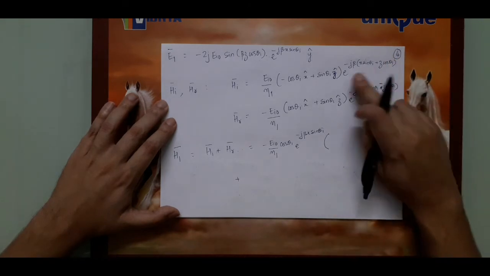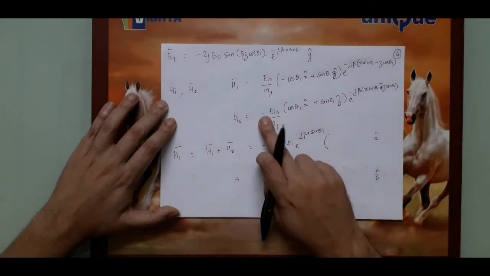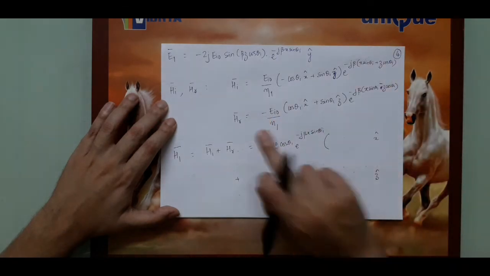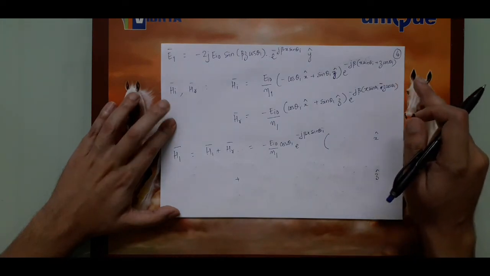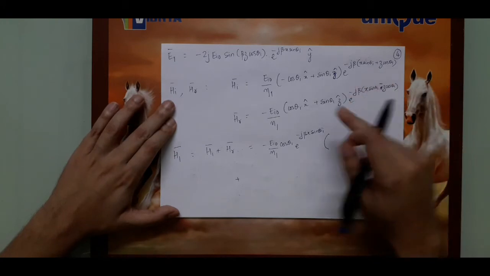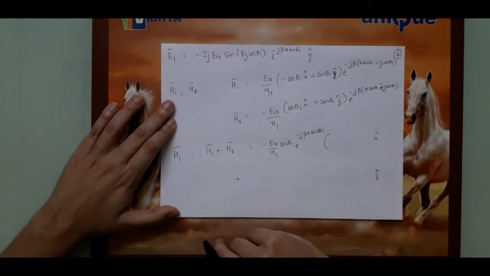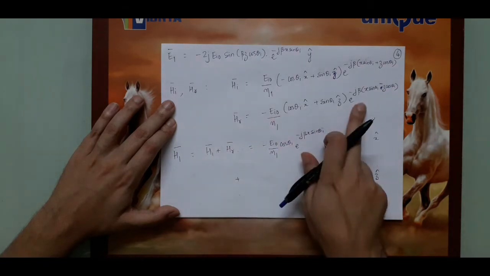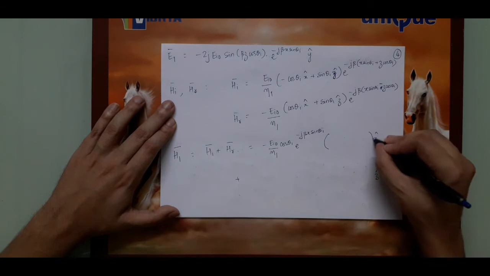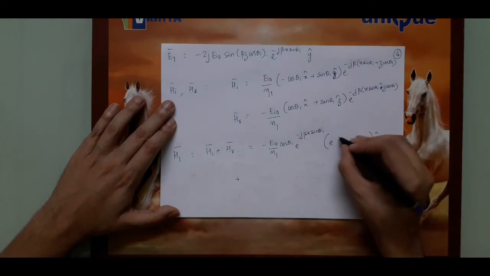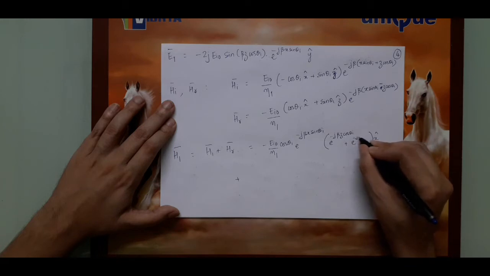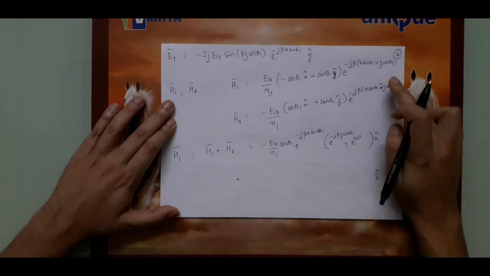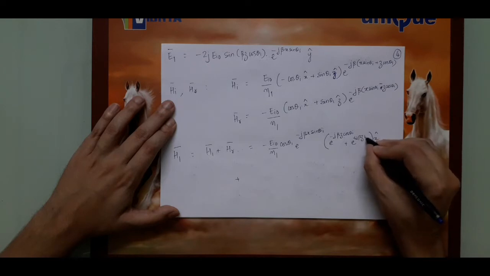So here we have e raised to plus jz, here we have minus, this minus term which is going outside, so this inside will have a plus. So here what we will get is e raised to minus j beta z cos theta I plus e raised to minus j, plus j beta, this minus and this minus will cancel out, z cos theta I.